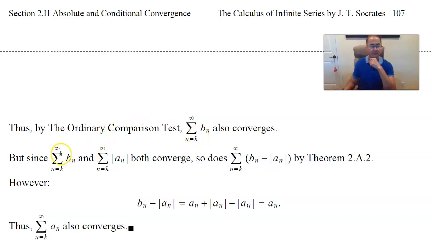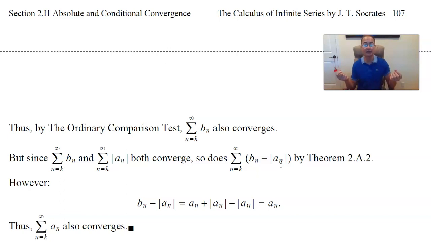But once again, the series converges and the series with absolute value converges. So if we now subtract the absolute value of a sub n from b sub n, that new series, the summation of b sub n minus absolute value of a sub n, must converge.